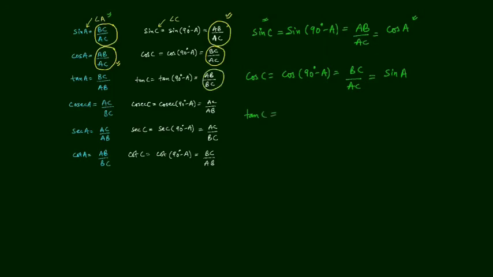So for tan, tan C is equal to tan 90 minus A, and from the first column it belongs to cot A. So tan 90 minus A is equal to cot A. Same thing for the next value, cosec C, that is cosec 90 minus A, which belongs to sec A. So cosec 90 minus A is equal to sec A, and then sec 90 minus A is equal to cosec A, and cot 90 minus A is equal to tan A. So these are all the trigonometric values for complementary angles.